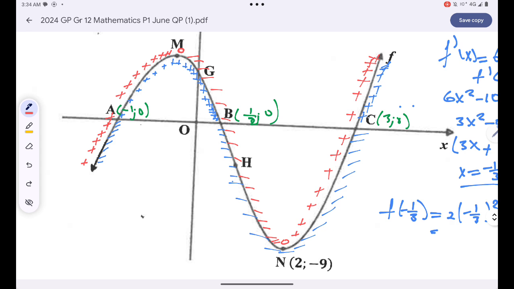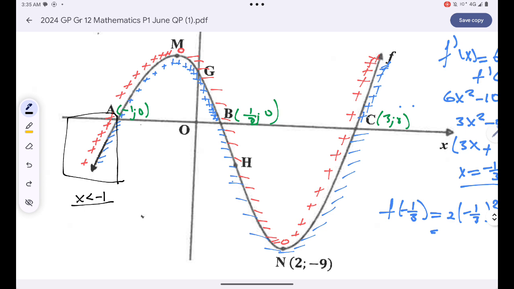I'm looking for the values of x whereby the product of my graph and the derivative will be negative. That statement will be true if and only if I'm multiplying two things that have different signs: one has to be positive whereas the other has to be negative. From here to the left, I can see that my graph is increasing, but at the same time it's below the x-axis. So when x is less than negative 1, the statement is true.